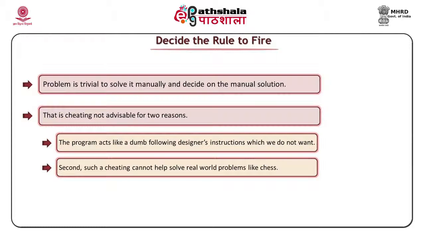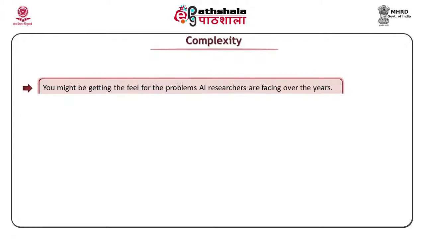We don't want that. So our goal is not achieved if you do it this way. Okay, now you might be getting the feel for the problems AI researchers have been facing over the years. These simple programs are pretty hard on the face of it.